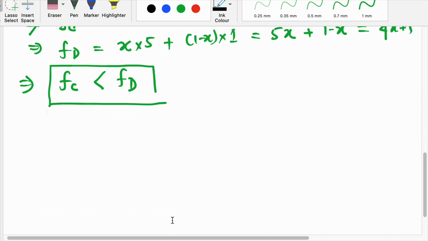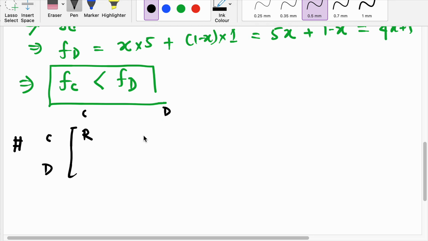Now let us formalize this prisoner dilemma game. Suppose for cooperation and defection the payoffs are R, S, T, P. R is called the reward because of the cooperation.